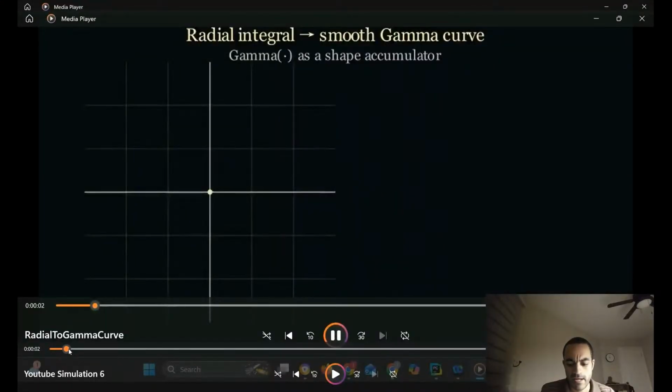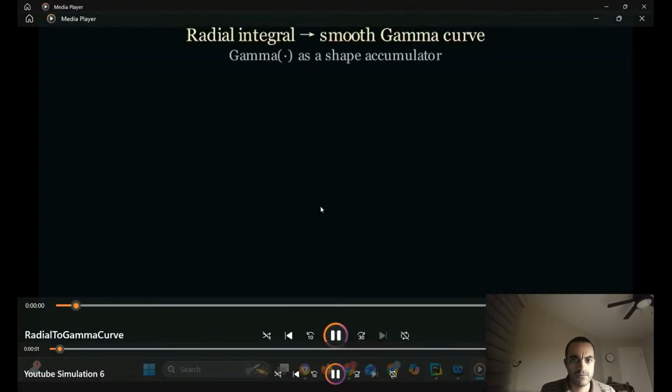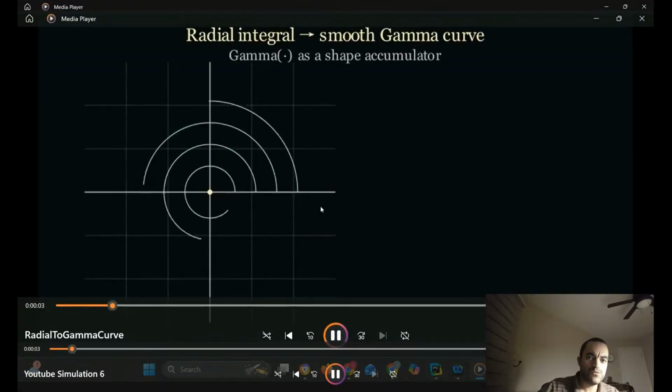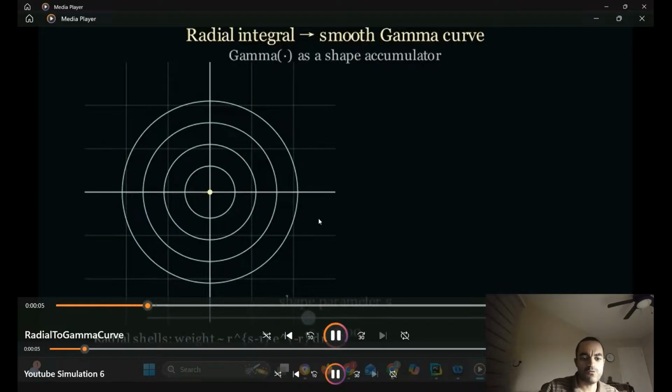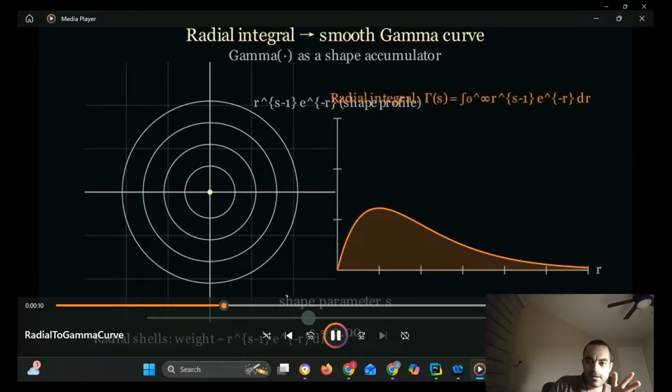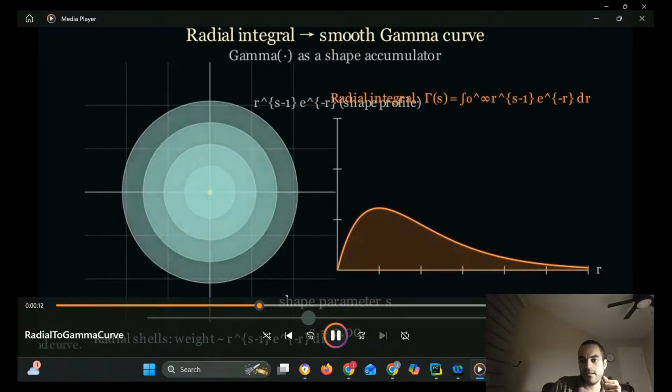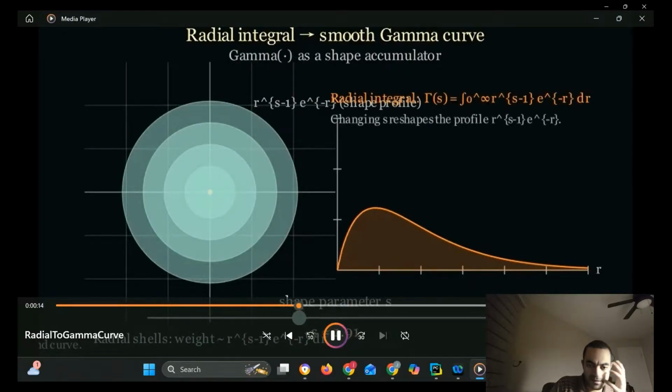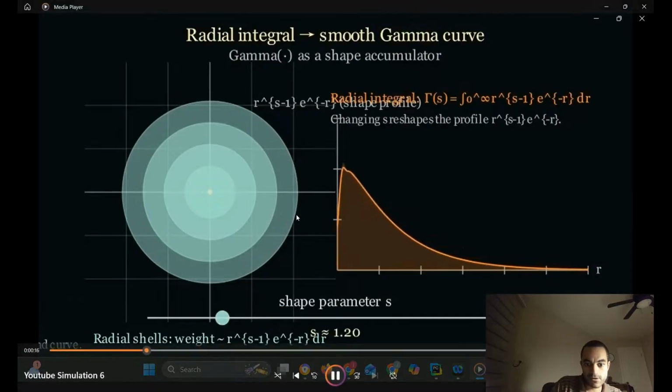All right, guys, I'm going to share my screen. So what we've got right now is a radial integral. I'm talking again of a gamma function. I put there the definition of the gamma function.